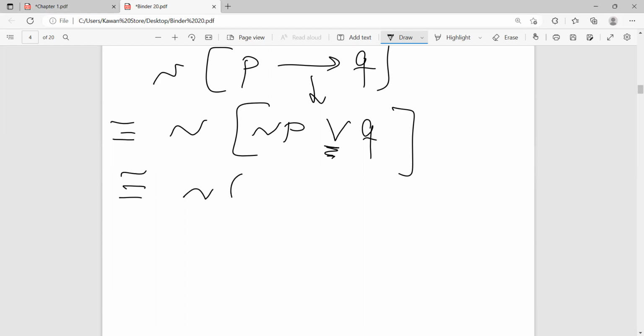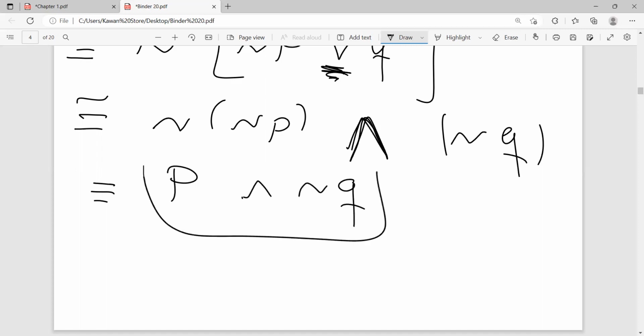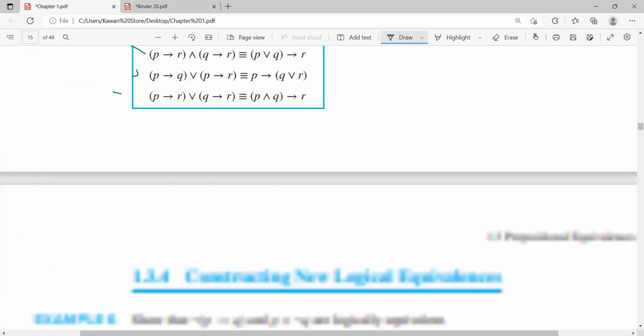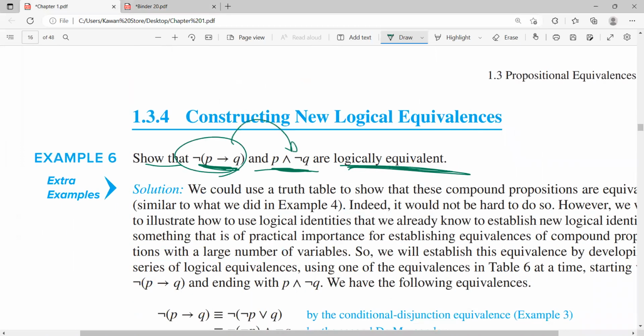Negation to one and the negation for the second, and that one will change to what? To and, by De Morgan's. Understood? Then of course by the negation rule, negation of negation P, so then negation Q. Now I got left side, right side. Understood, dears? Now we show by using properties, without truth table, that one is equivalent to that one.